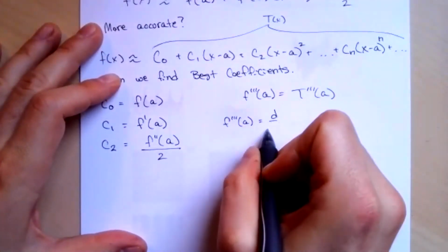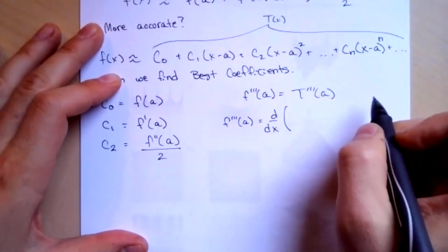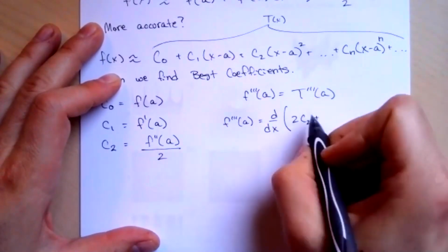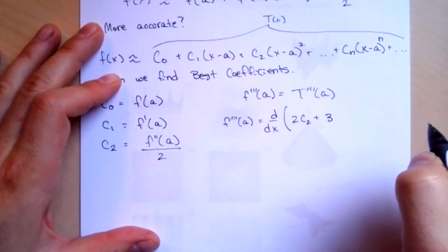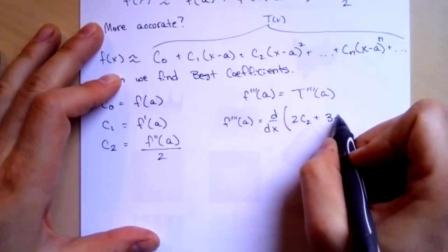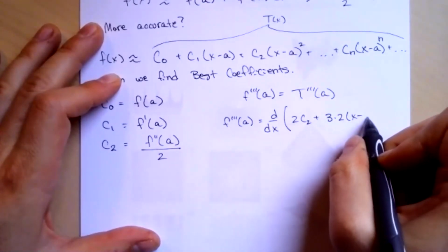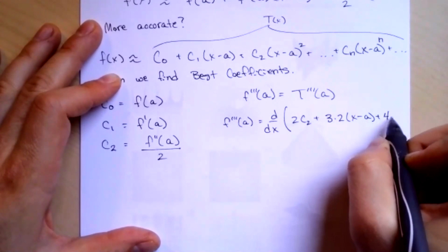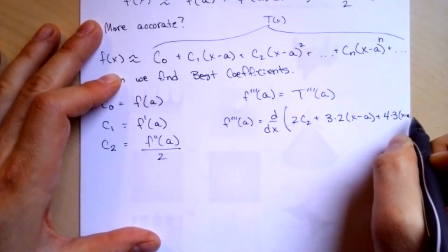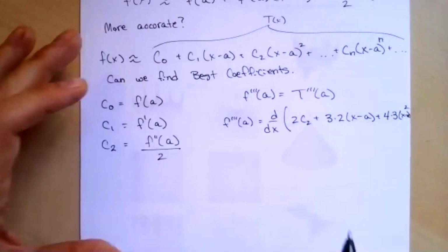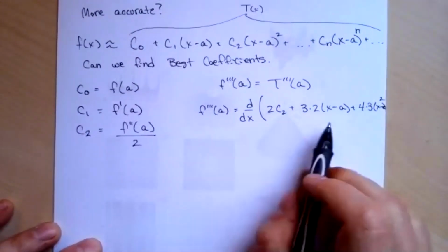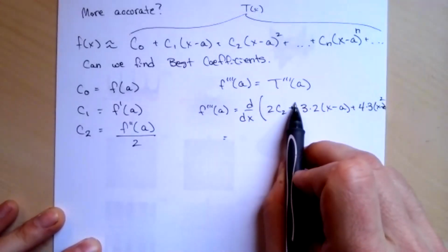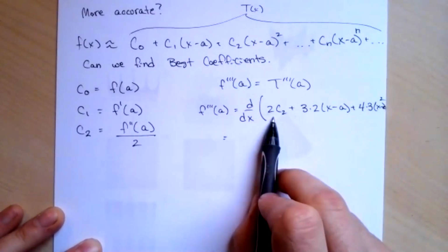So we're going to have d/dx of the second derivative. So the second derivative was 2c2 plus 3 times 2 times c3 times (x minus a) to the 1 plus 4 times 3 times c4 times (x minus a) to the 2. And if we compute one more derivative beyond that, the quadratic term, our quadratic coefficient, is going to vanish.